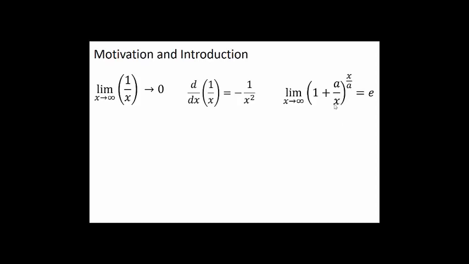When x is very large without bound, then this whole quantity approaches e to the 1. So now we'll be taking a few examples from calculus and then see how we apply this concept.